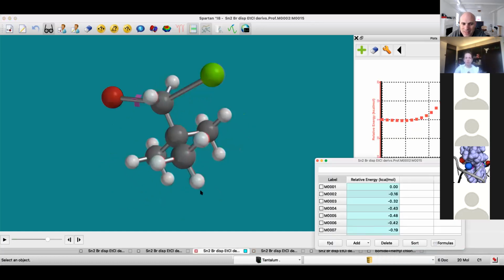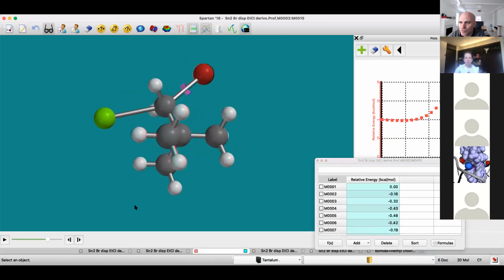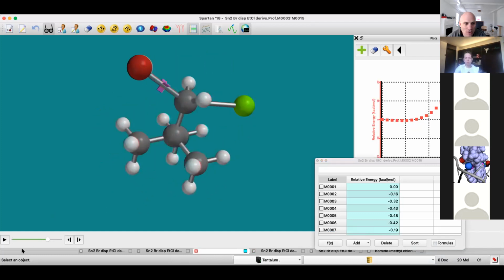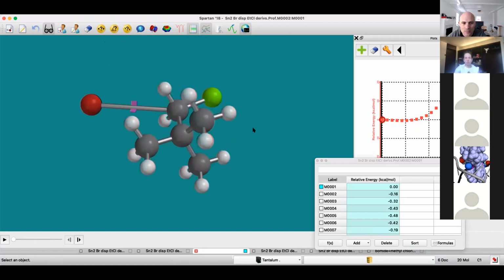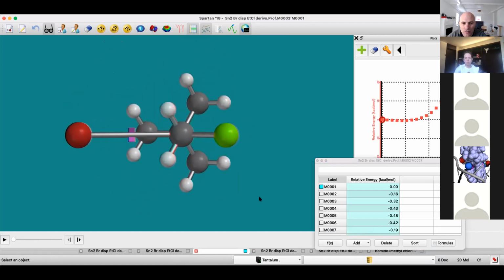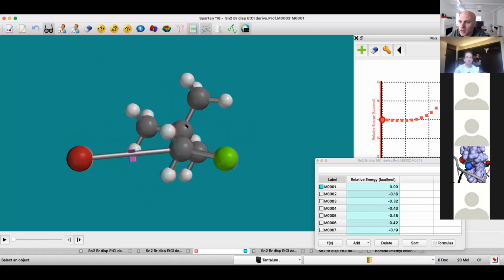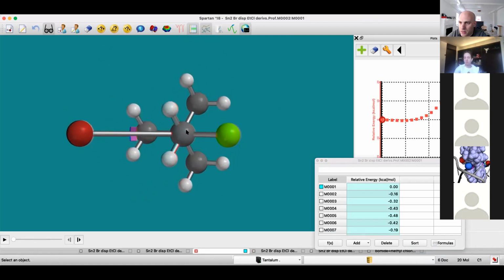But then when you get to the T-butyl, you run out of hydrogens. And so this is the starting conformation for that neopentyl substrate, the slowest one. Ignoring the bromine, you can see that the carbon that's reacting is staggered with respect to the carbon that it's attached to. So that's going to be good.